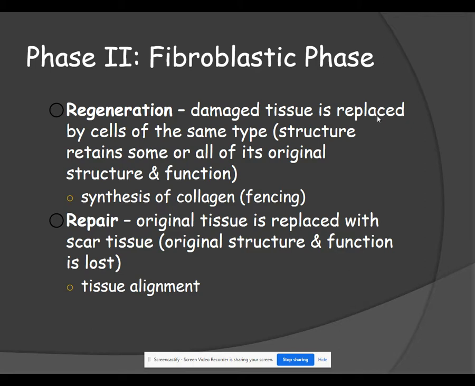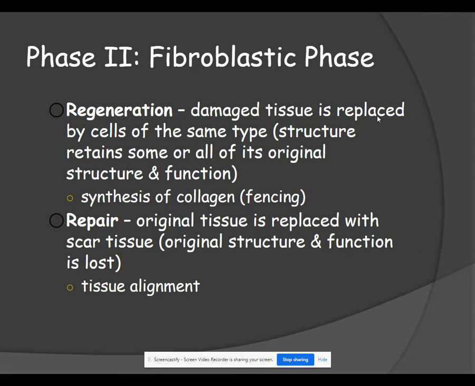And about the 6th or 7th day, the fibroblasts begin to produce these collagen fibers that start forming the scar. And then repair, the original tissue is replaced with this scar tissue and tissue alignment.